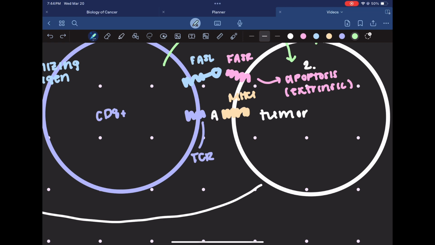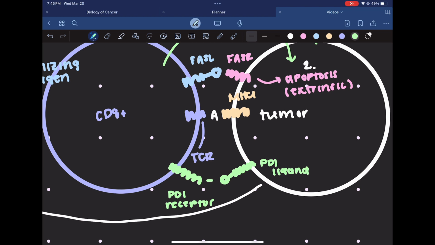So what I mean by that, the CD8 plus has something called a PD1 receptor. And our tumor cell has something called a PD1 ligand that sticks up off of the cell.